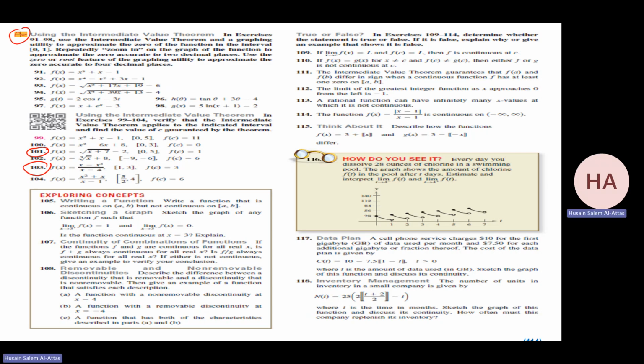In exercise 99, verify that the intermediate value theorem applies to the given interval and find the value of c guaranteed by the theorem. Okay, so let me do 101. I'll do 101 and 103.